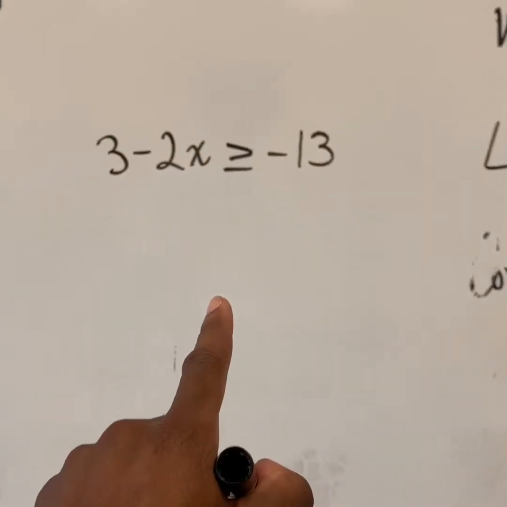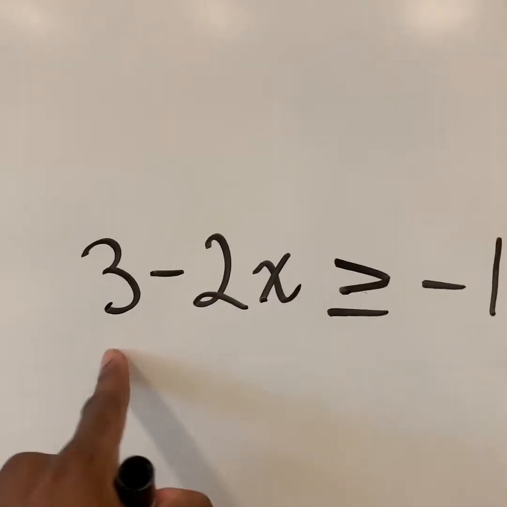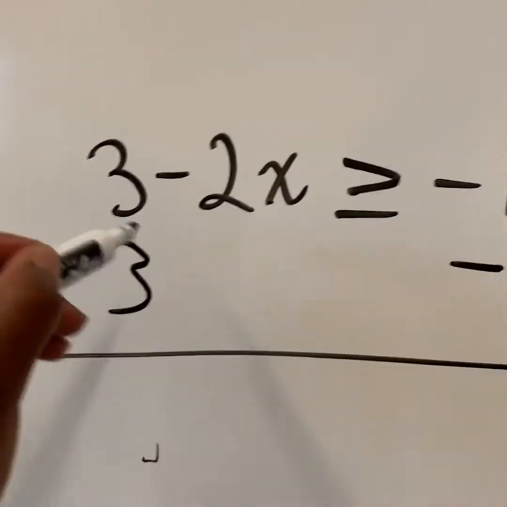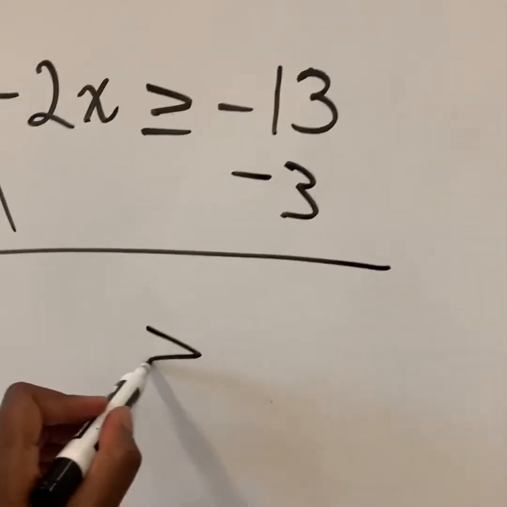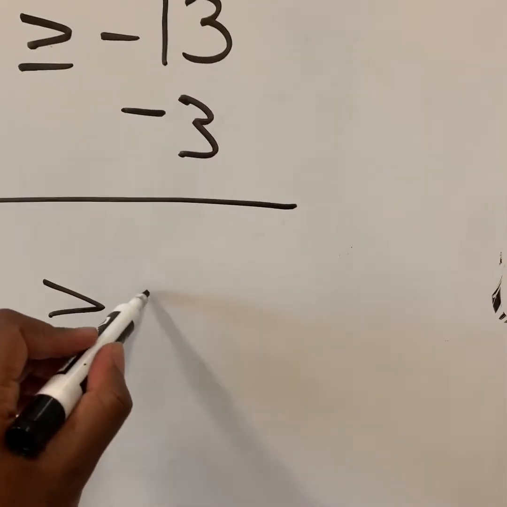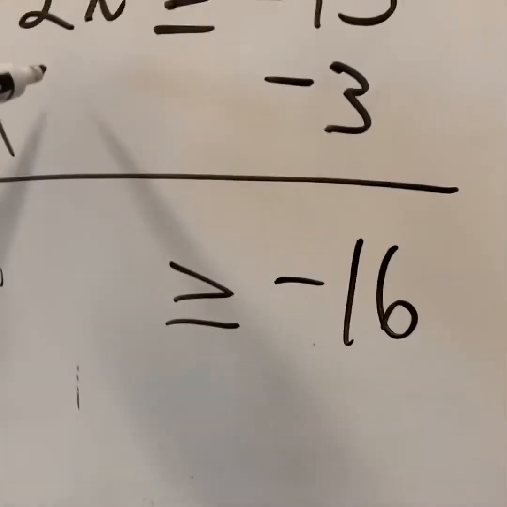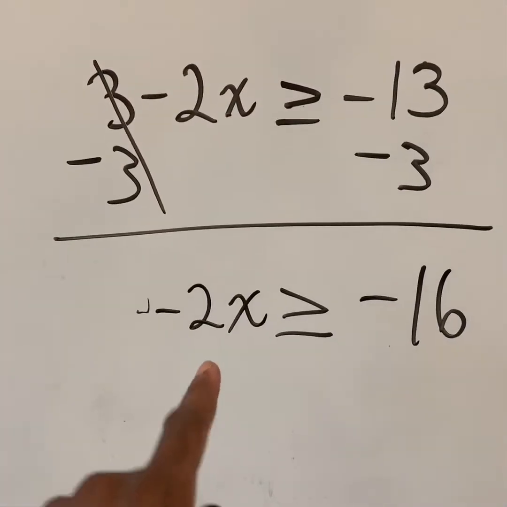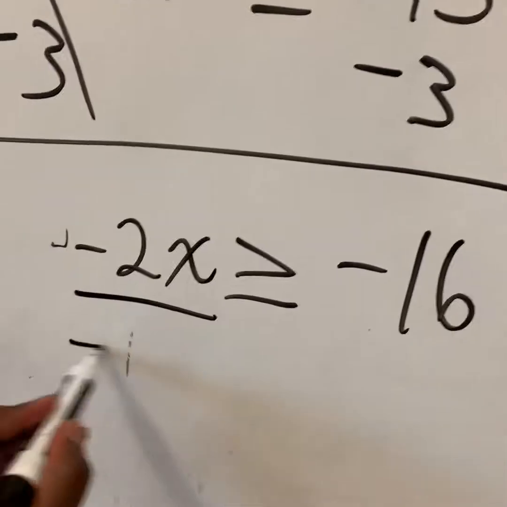We come over here and solve this one. Cool thing is, we still subtract 3 on both sides. But now, that's a total, because these signs are the same, of -16. The -2x comes down, and I divide by -2.